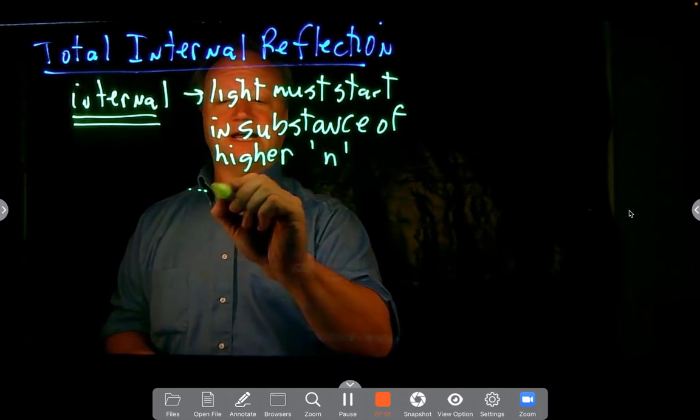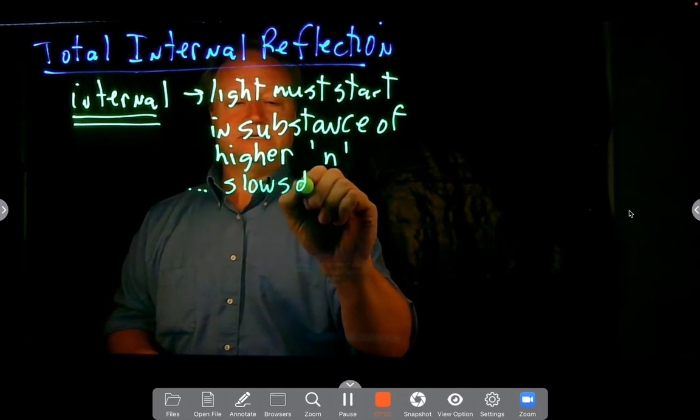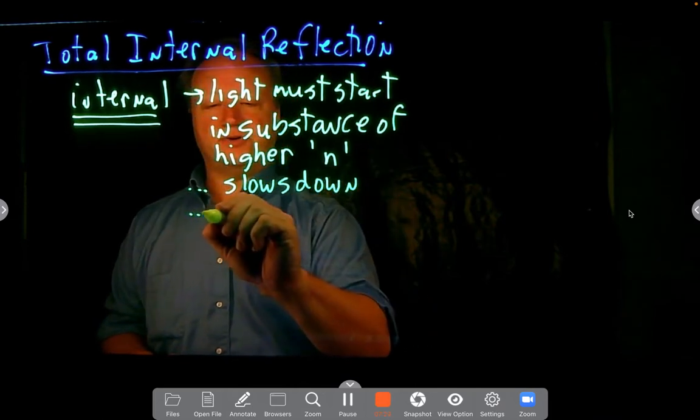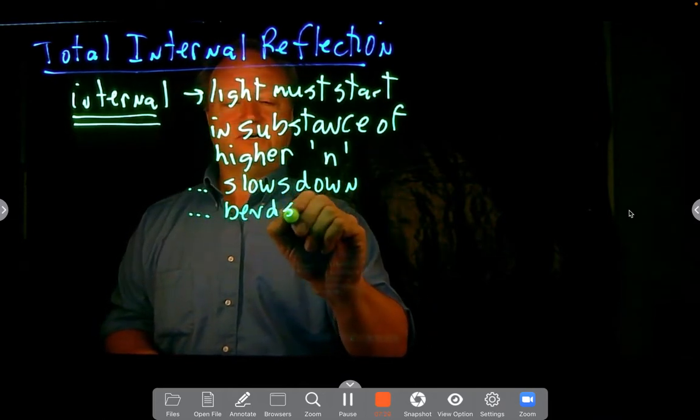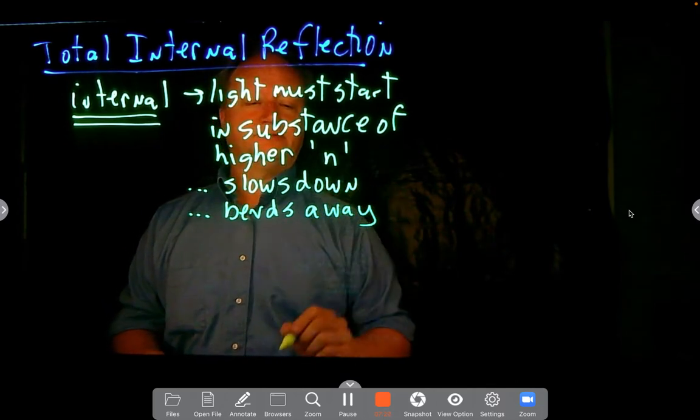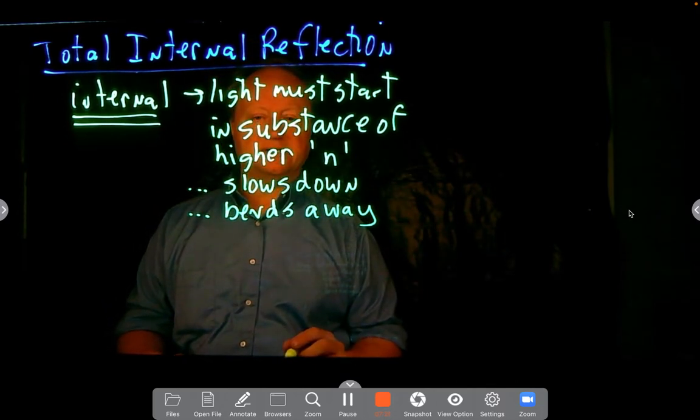And this is so that it speeds up and so that it bends away from the normal, basically approaching 90 degrees.